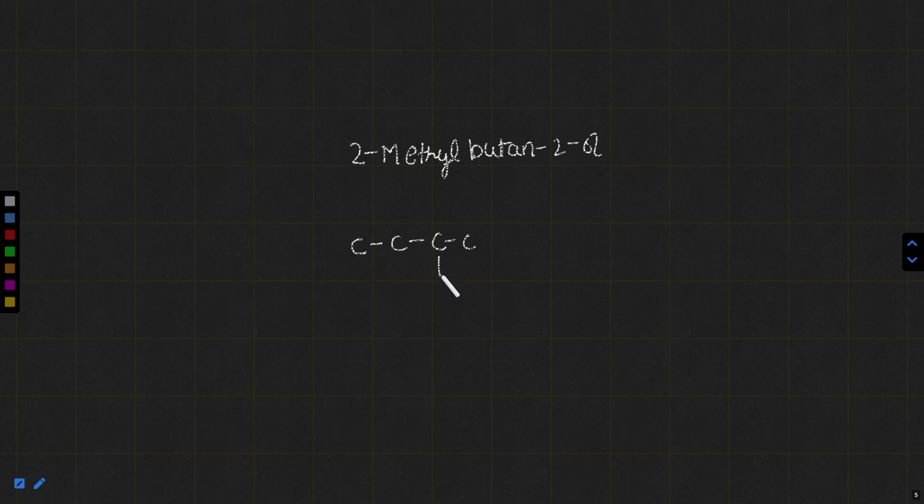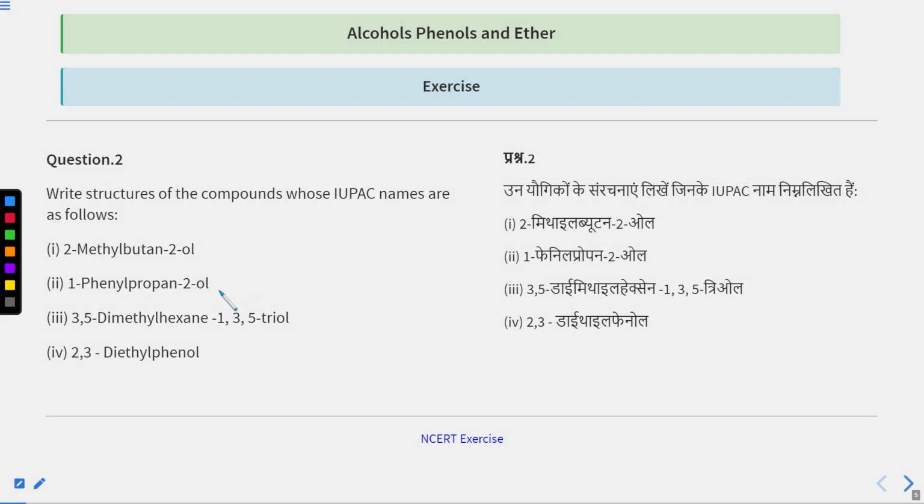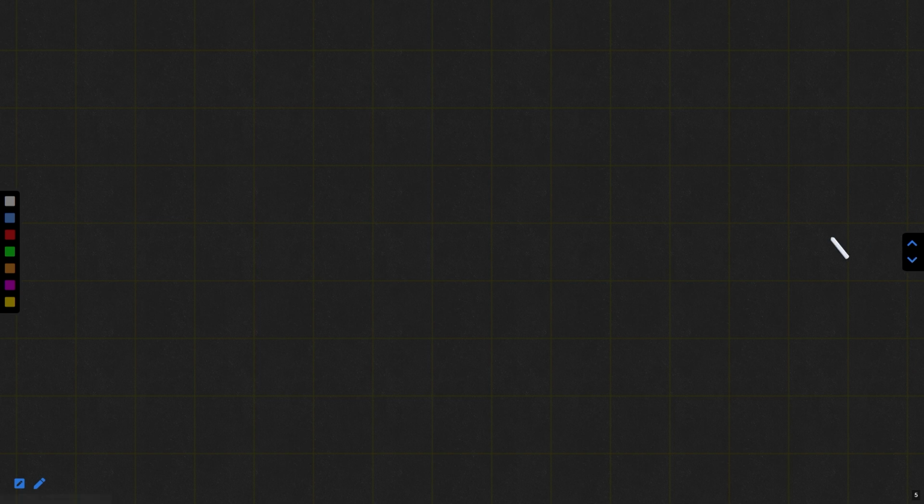At second position, we have alcohol. And at second position, we have methyl also. So this will be the formula. Clear? Next is 1-methylpropane 2-ol.